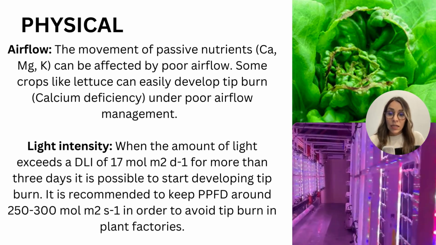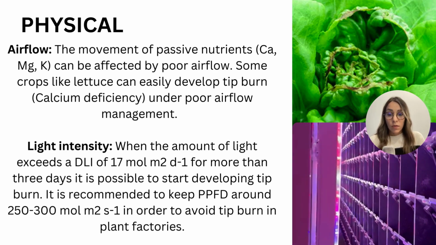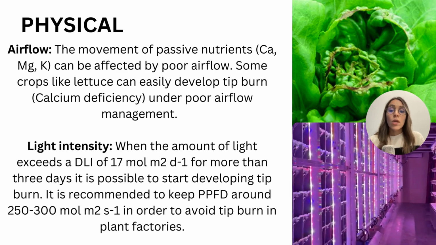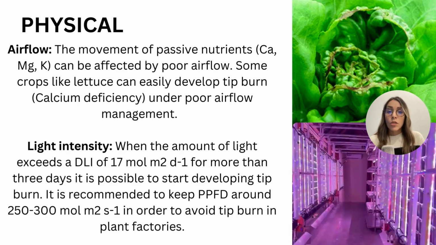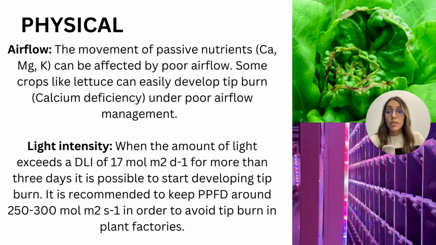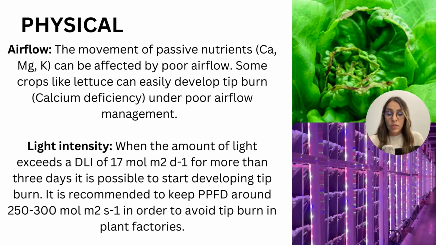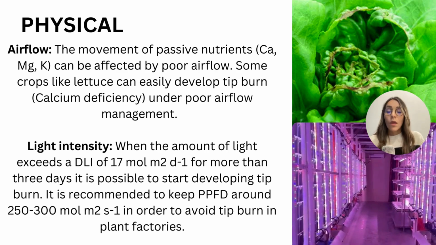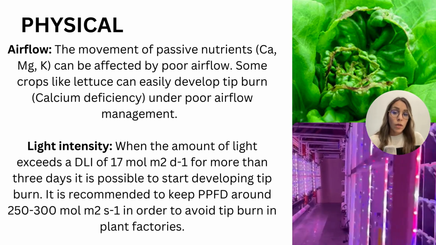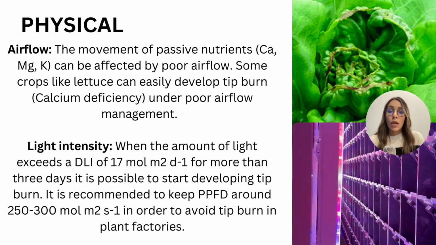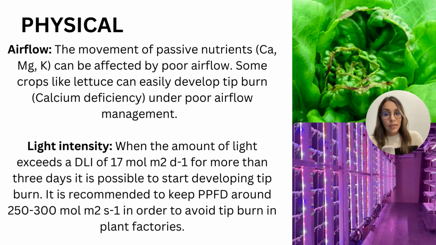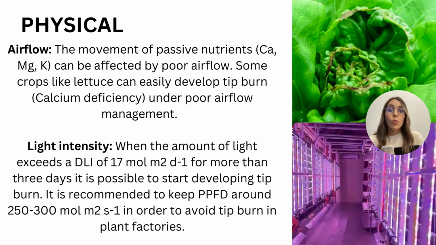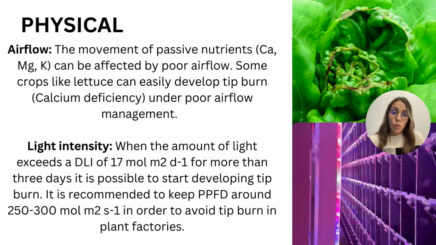If we exceed the DLI of 17 for more than 3 days, we know based on research that you can start to see sometimes tip burn, which is the calcium deficiency on leafy greens. In order to avoid this, we should try to maintain a photoperiod and a light intensity that will help you provide the light that the plants require.